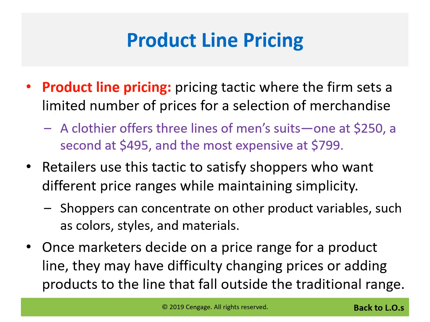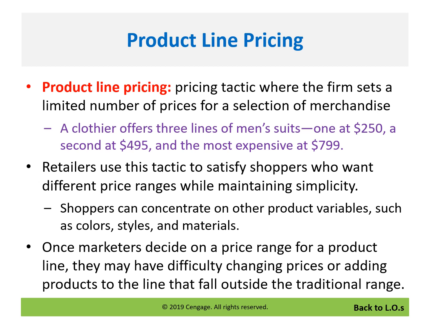We have product line pricing, which is a pricing tactic where the firm sets a limited number of prices for a selection of merchandise. Example, a clothier offers three lines of men's suits, one at $250, a second at $495, and the most expensive at $799.